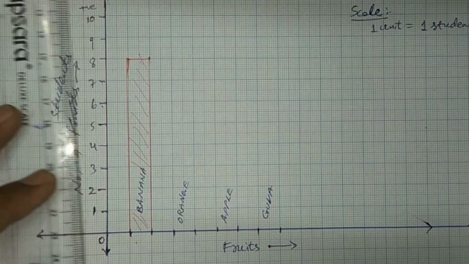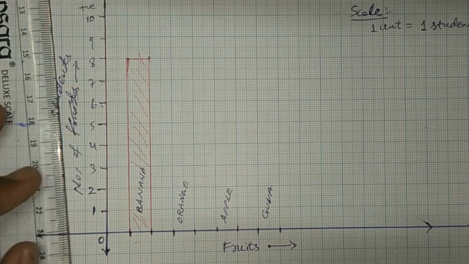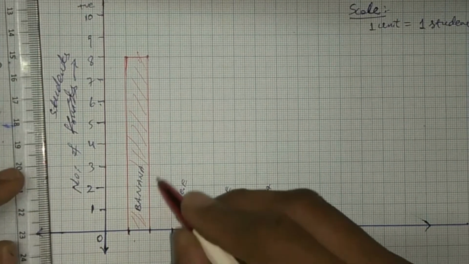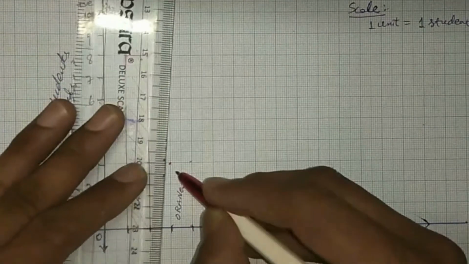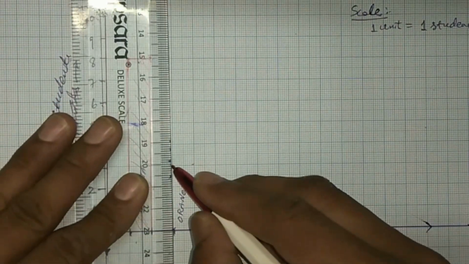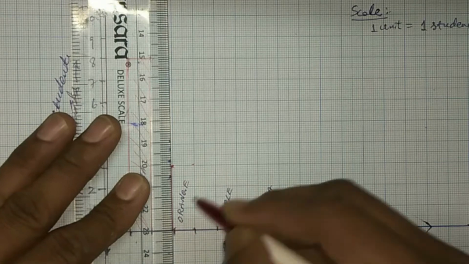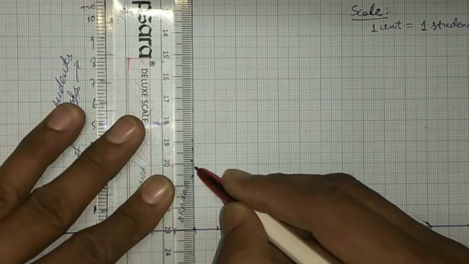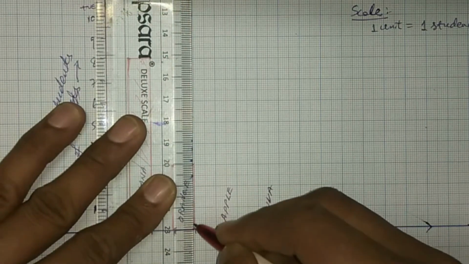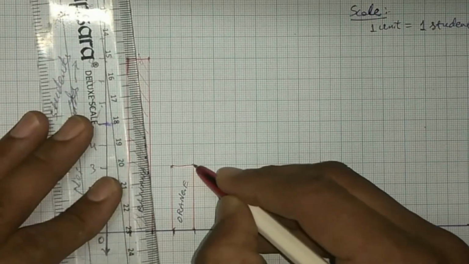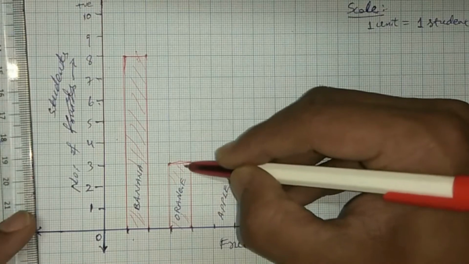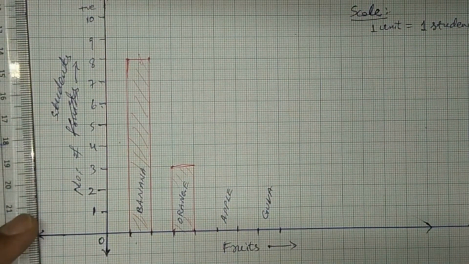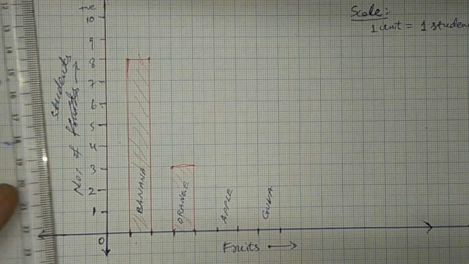Then to show orange, since 3 students like orange, we will consider the height of the orange bar as 3 units. And this becomes the bar representing the number of students liking orange.